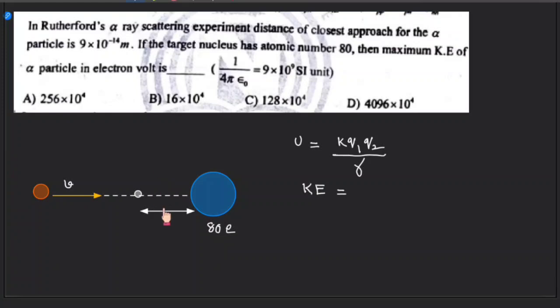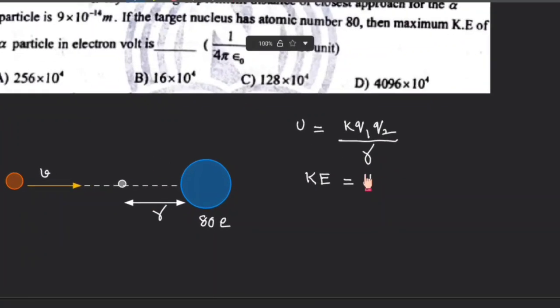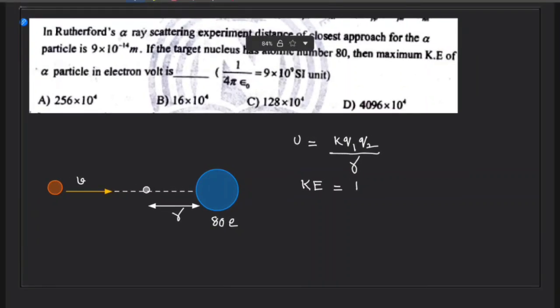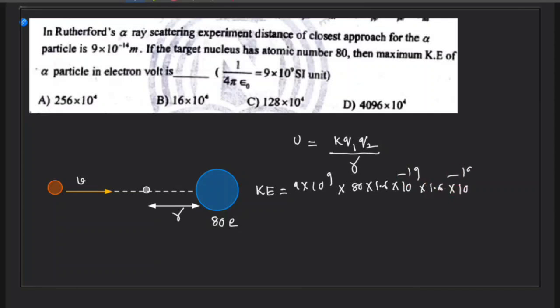Let's say it is at a distance of R. K value is 9 into 10 power 9, into Q1, which can be written as 80 into 1.6 into 10 power minus 19, that is the nucleus charge, into again 1.6 into 10 power minus 19 because of this alpha particle.